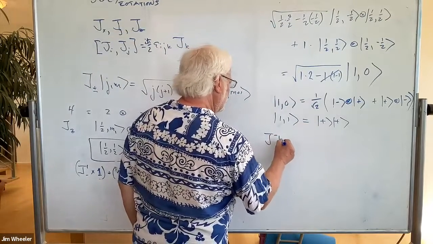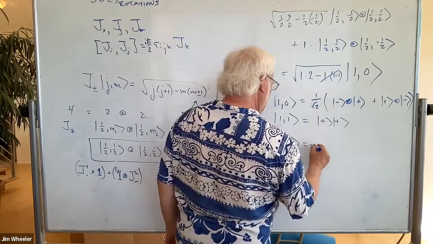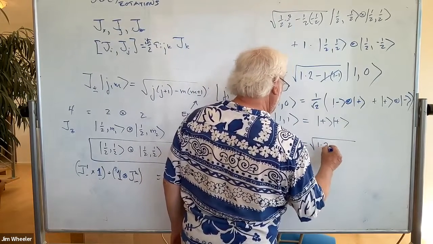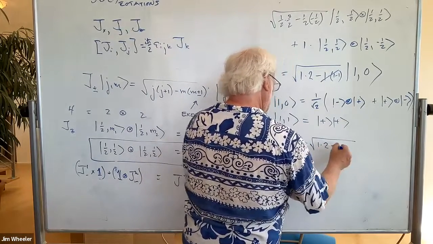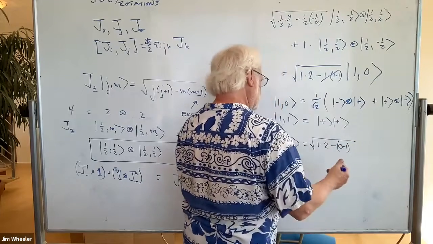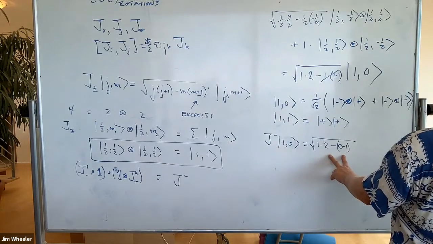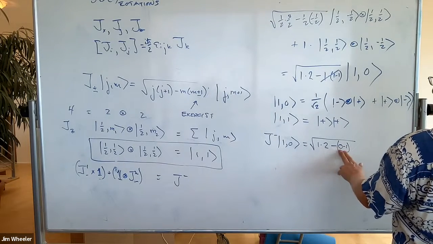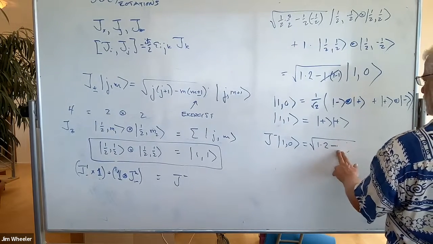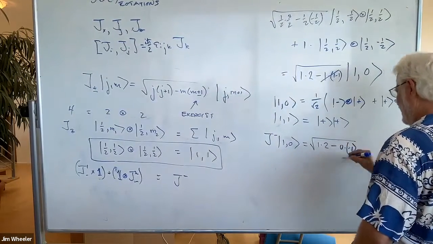J minus acting on 1, 0 is going to be the square root of 1 times 2 minus 0 times minus 1, which becomes plus 1. That's the square root of 3. Is that right? Let's see. Oh, no, sorry. 0 times minus 1. There we go.